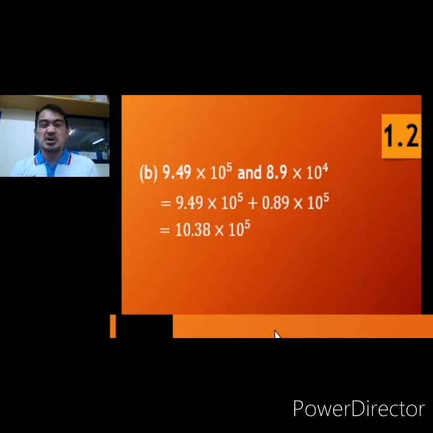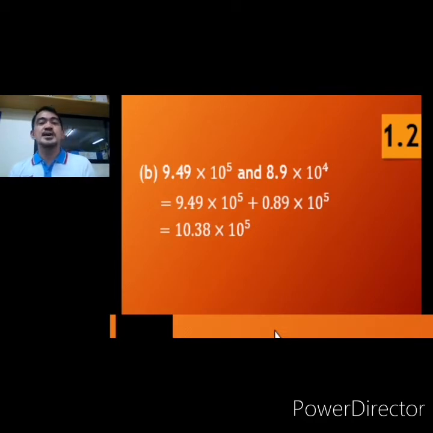But this is not yet our final answer, because the general rule of exponential notation is that a must be a number that is greater than or equal to 1 and less than 10.